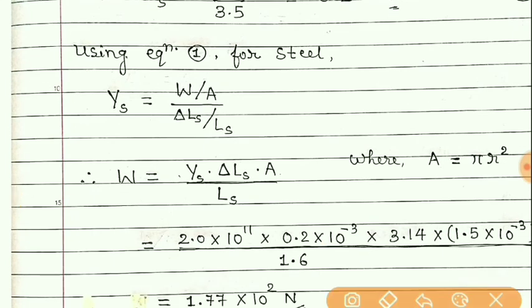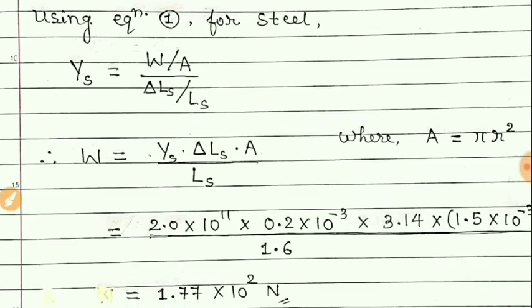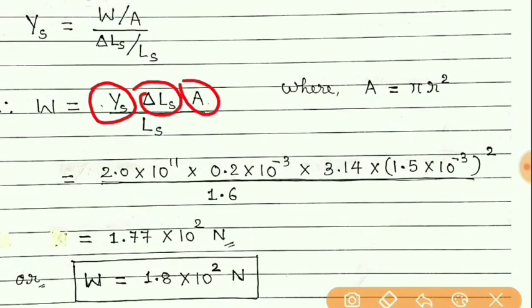After that, simply make W the subject in this equation. You will get W equals Ys delta Ls A upon Ls. Now all these values are known to us, so just put these values.